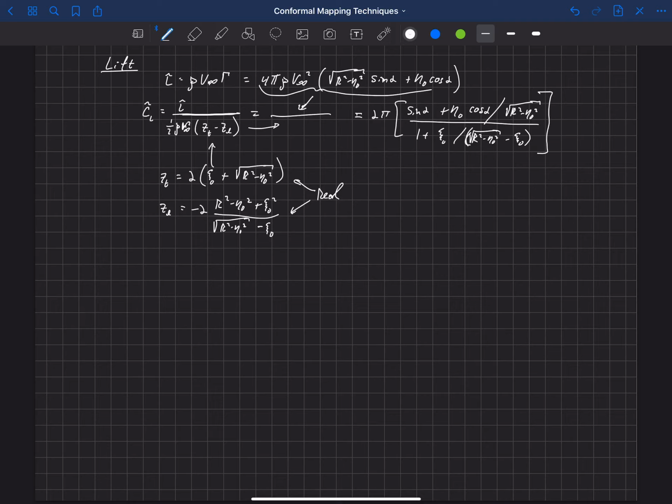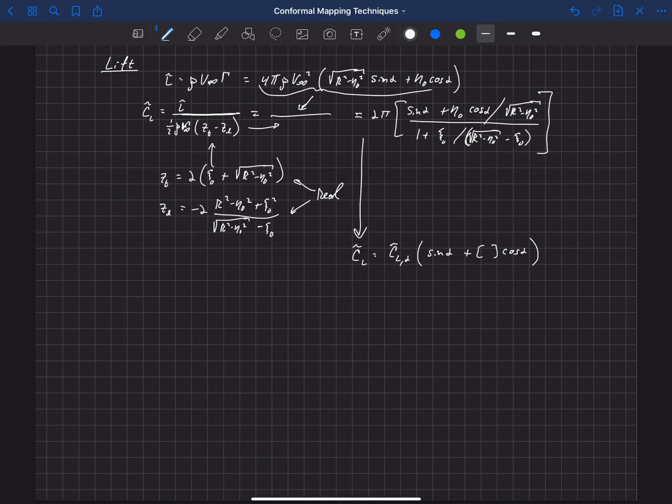Okay, so that's what we get for our lift coefficient, and I'd like to rearrange that so the two-dimensional lift coefficient CL is equal to CL alpha times a first term, which is sine alpha, plus something else times cosine alpha.